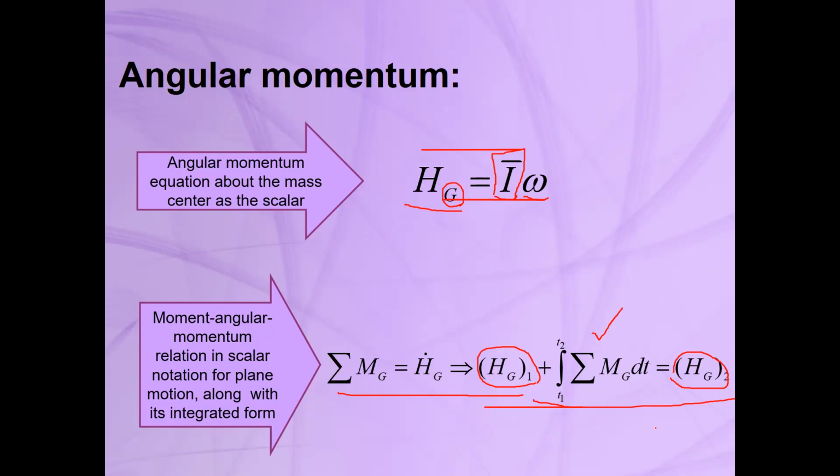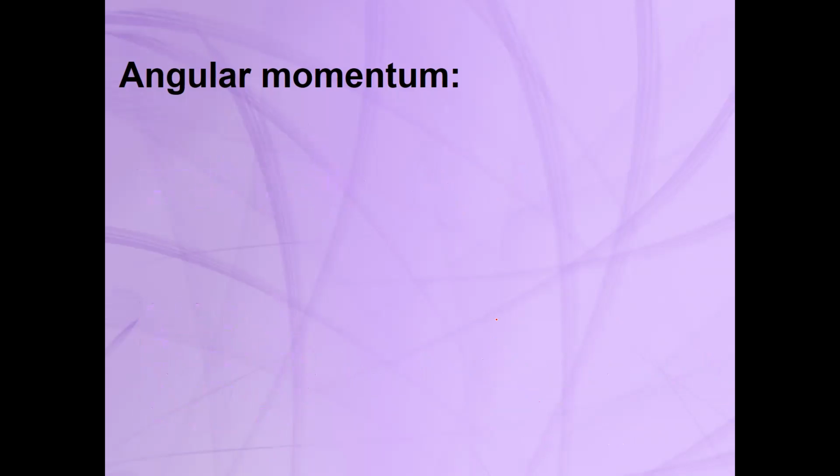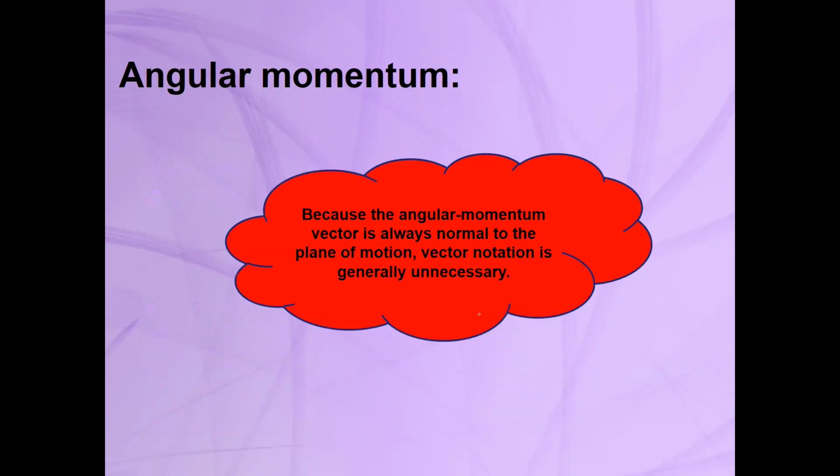And again, this H G is about the mass center, and you need to calculate the mass moment of inertia about the mass center. But sometimes we need to write this equation about any other points other than the mass center.